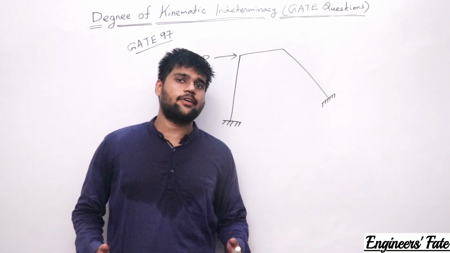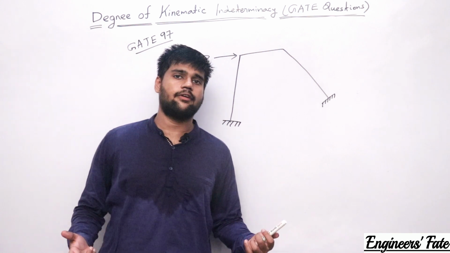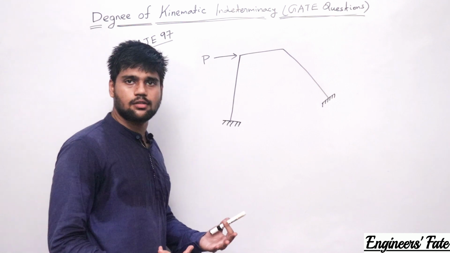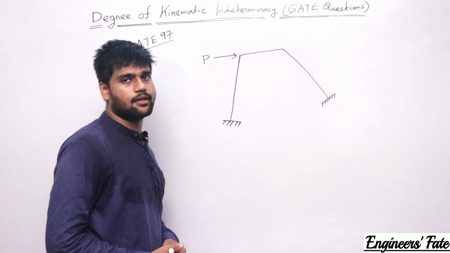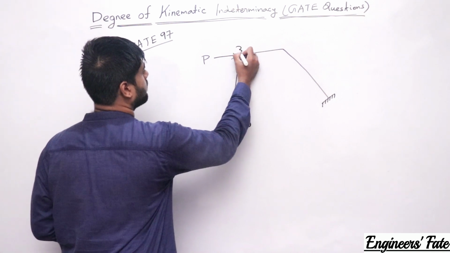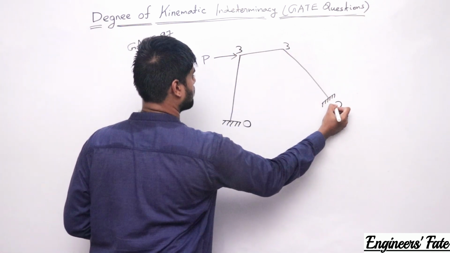So GATE 97 question, loading is given, and what I have told, loading doesn't influence the degree of kinematic indeterminacy. So fixed ends 0, this is joint 3, fixed 0.